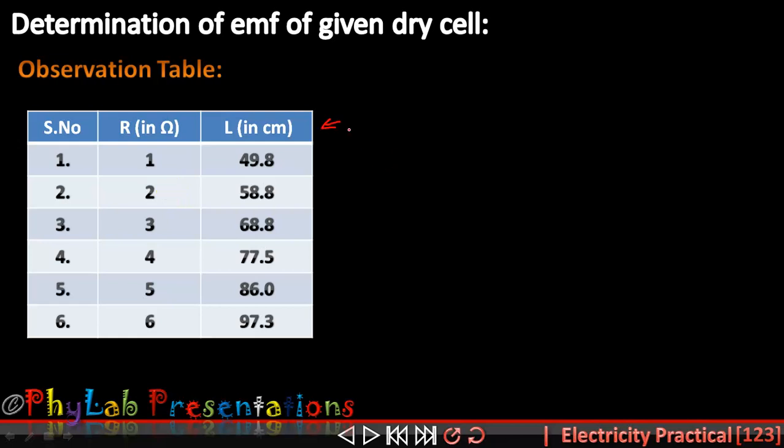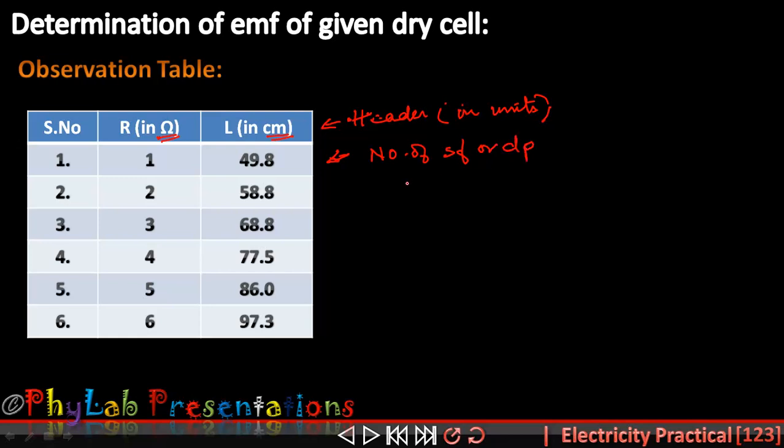Now a few important points that one should remember while making any observation table. First, the header of the table must contain the units of the physical quantities that you are either measuring or using in that particular experiment. So the header must contain the units. You can see over here I have mentioned all the units in the headers. The second thing you should take care of in any observation table is the number of significant figures or decimal points.